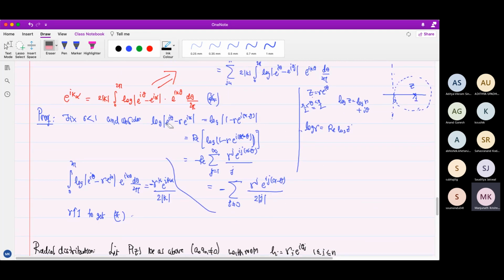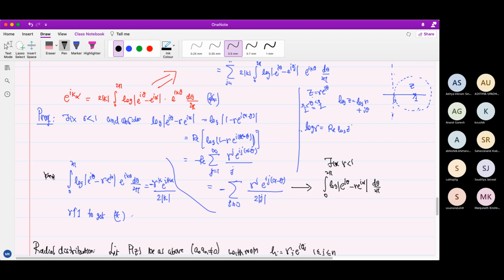Actually, this calculation I did is very helpful. I hadn't realized earlier. Let's recall that I showed this, right? From here, we get another thing. Remember that if I fix r less than 1, then the integral from 0 to 2 pi of log of modulus e to the i theta minus r e to the i alpha, d theta over 2 pi. Here I did it with e to the i k theta, with k not equal to 0.